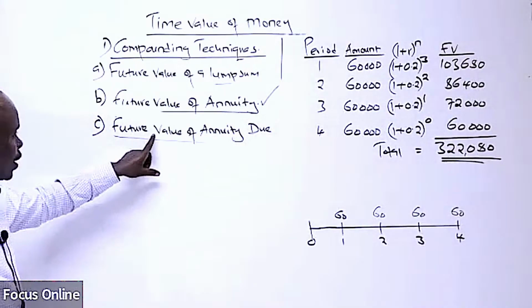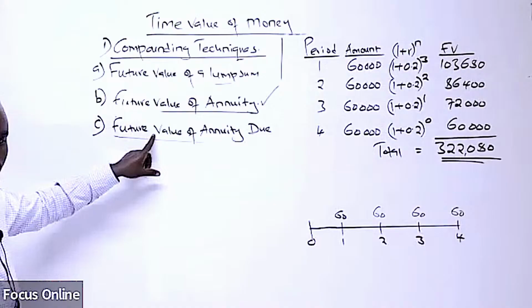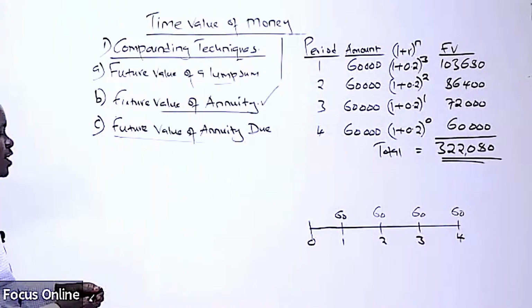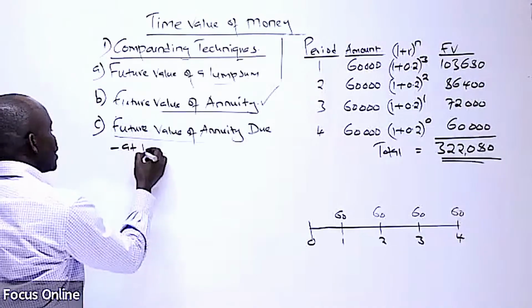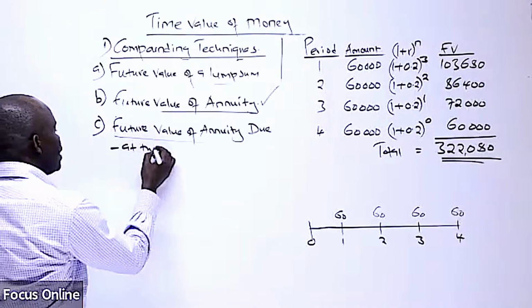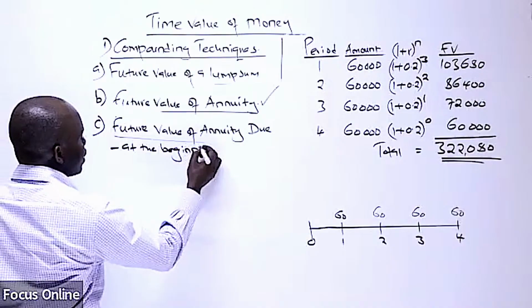future value of an annuity due. This is when the amount is invested or paid at the beginning of the year.